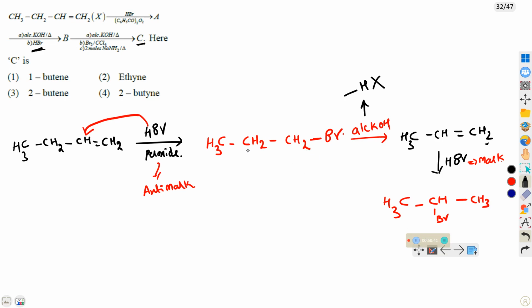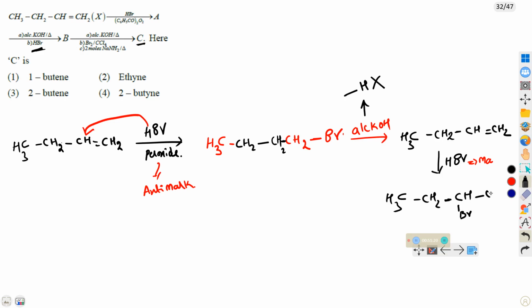Sorry, here I forgot to write one more carbon: CH3CH2CH2CH2Br, carbons 1, 2, 3, 4. Remove HBr, then it gives CH3CH2CH double bond CH2. Now it follows Markovnikov's rule, giving CH3CH2CHBrCH3.